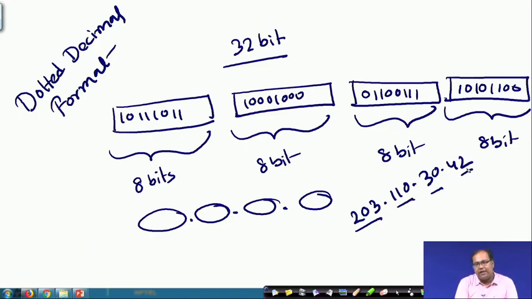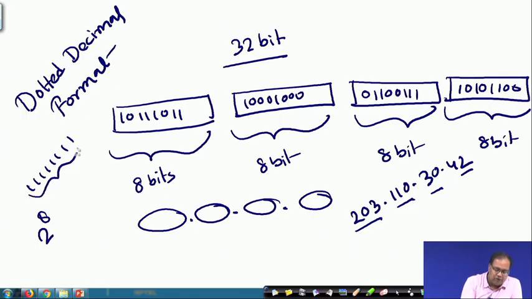Now, if it is an 8-bit integer, that means the maximum you can have goes up to 2 to the power 8. If you start with all ones, that is the maximum, and the minimum is all zeros.